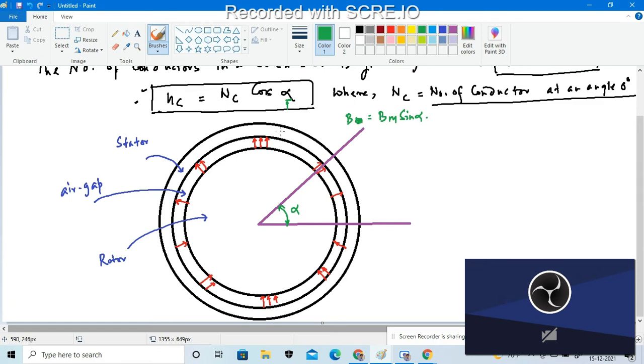Here we are considering that NC will be the number of conductors at an angle of 0 degree.